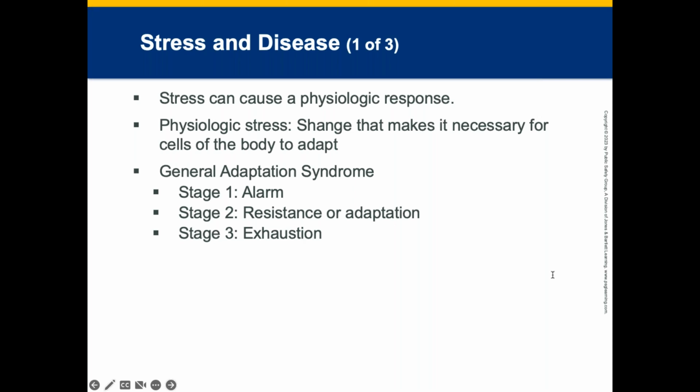The general adaptation syndrome has 3 different stages. Stage 1 is when the body reacts to stress first by releasing catecholamines. Stage 2 is resistance and adaptation, where the body then adapts to the stressors primarily by stimulating the adrenal gland to secrete glucocorticoids and mineralocorticoids as well.